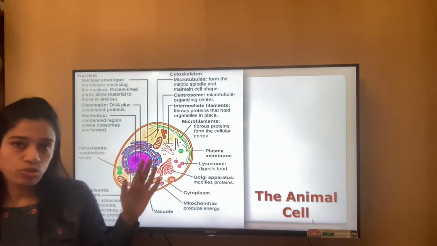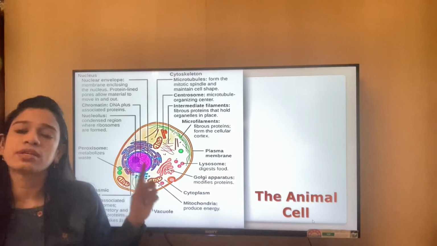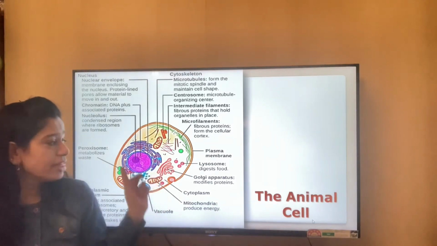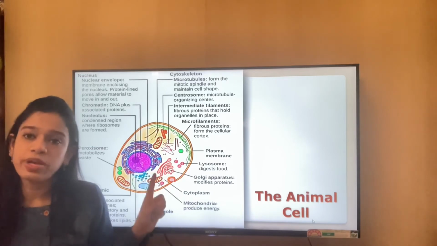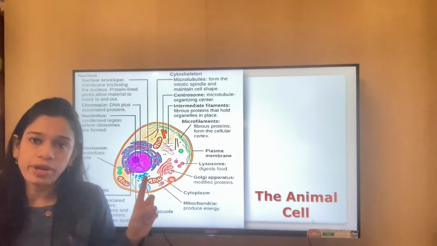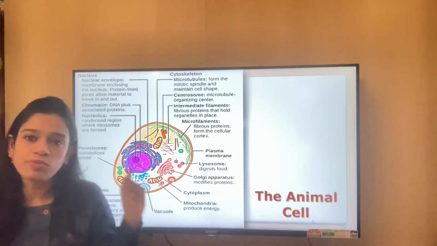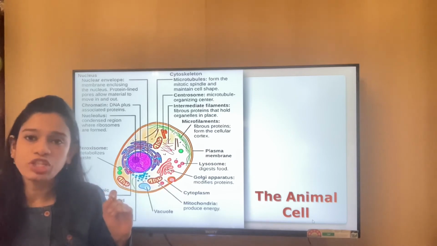And here is the chromatin network or the chromosomes. This contains the genetic material, and the nucleus is again encapsulated by a membrane. I told you everything is membrane bound. It is known as the nuclear membrane. This nuclear membrane has some small pores on it which allow the entry and exit of materials.